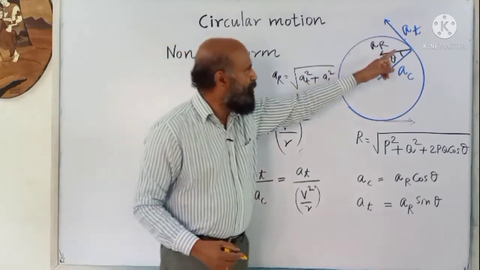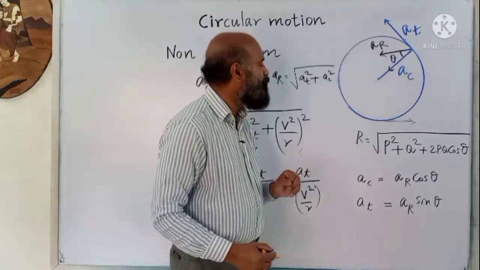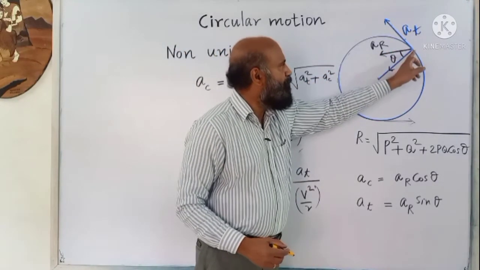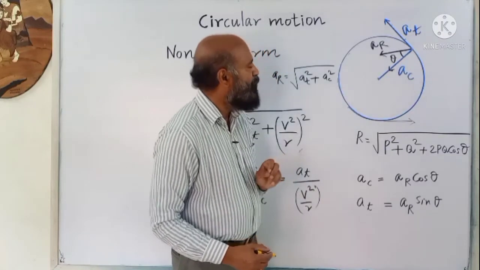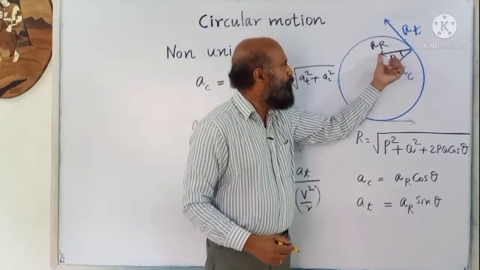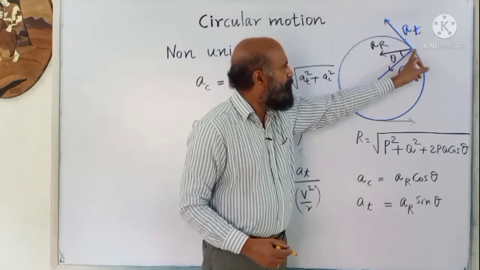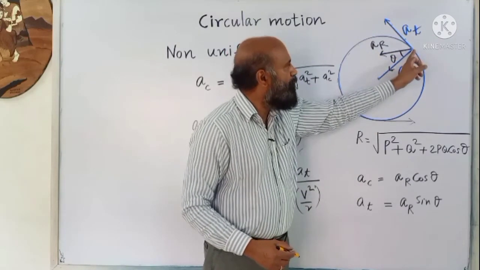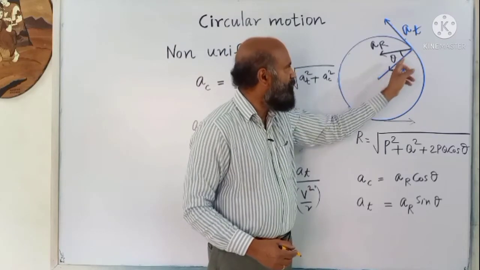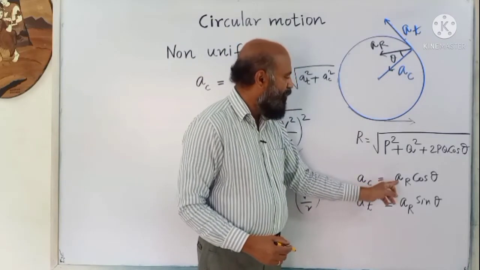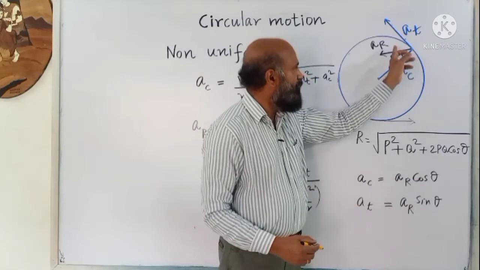Now the resultant acceleration is acting along this direction, so that is making an angle theta with the centripetal acceleration. It can be resolved into two components. Along the radius, centripetal acceleration, that is AR into cos theta.